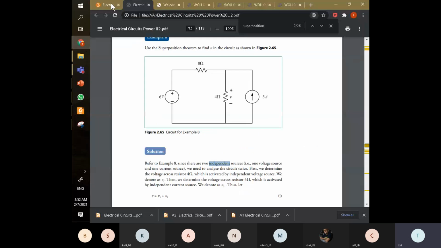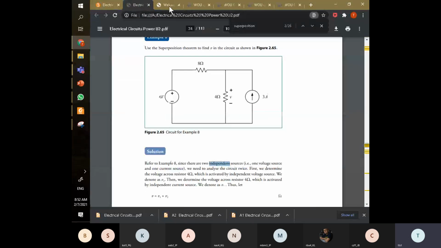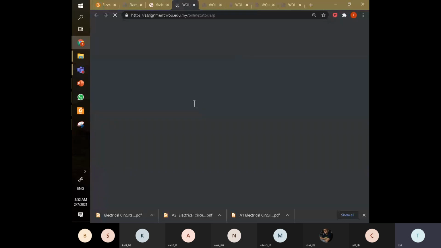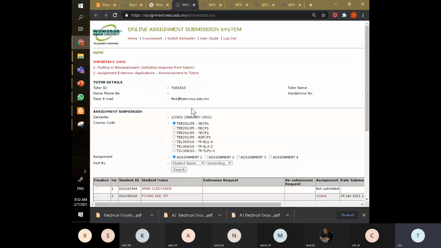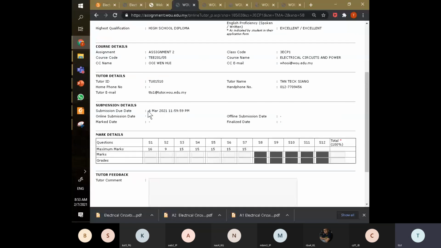For assignment 2, your due date is March. I remember it's the 3rd of March. Let me double confirm. Your assignment 2 due date is the 6th of March.